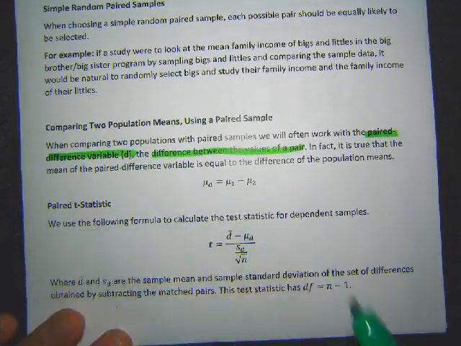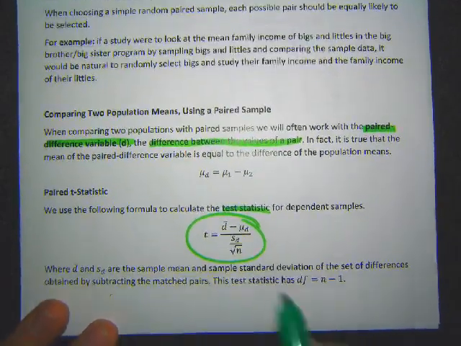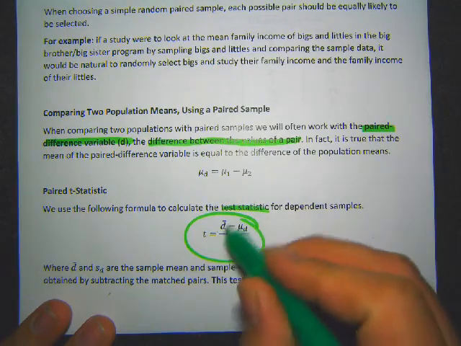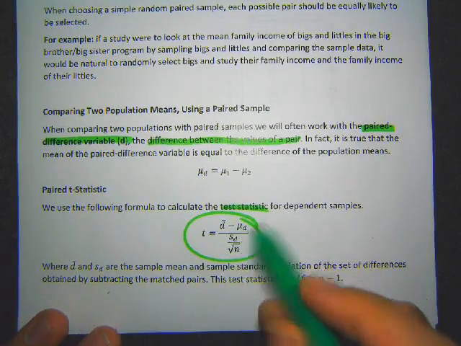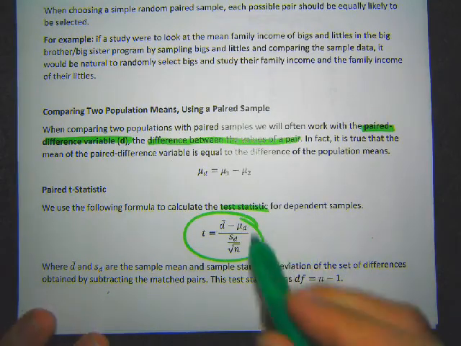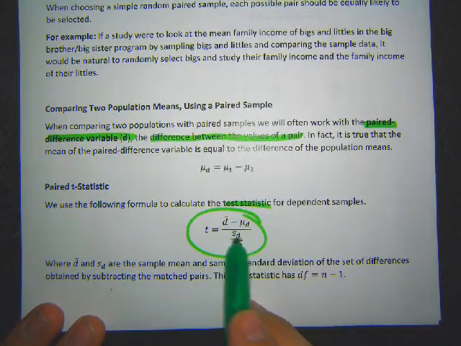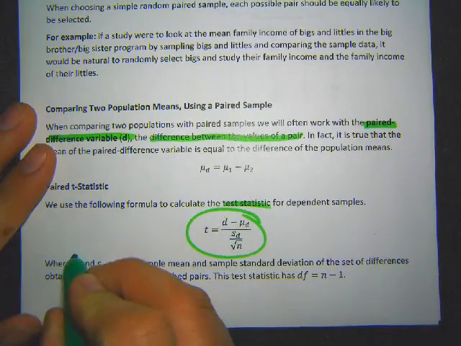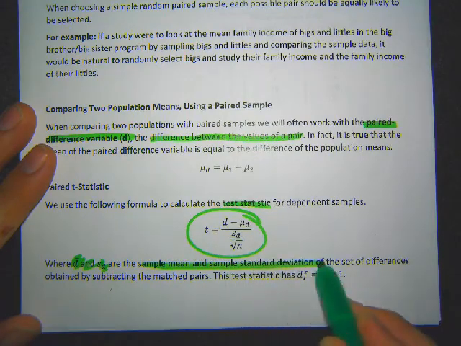As always, when we're doing hypothesis tests, we do need a test statistic, and this would be the calculation for a test statistic, where this d-bar could be the average of the differences for your sample, and this mean sub d is going to be the average of the differences for the entire population, the number we're usually trying to estimate. s sub d is going to be the sample standard deviation for the differences. So that's what these are, d-bar and s_d: sample mean and sample standard deviation.